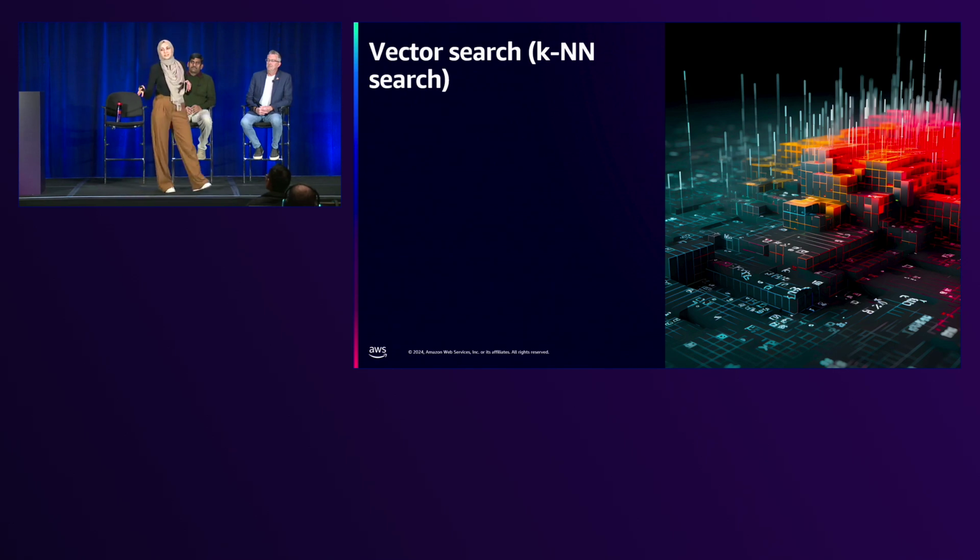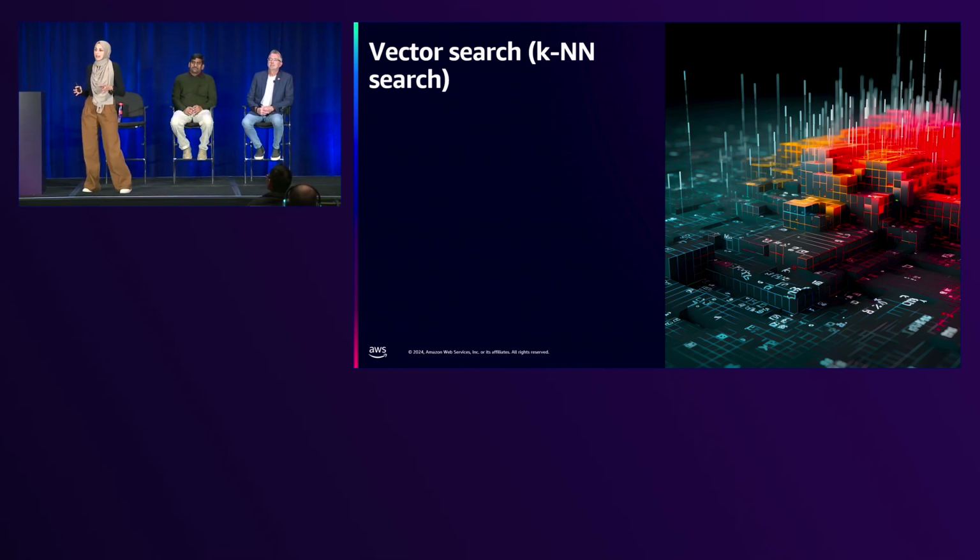At the core of vector search, there's the concept of representing data in high-dimensional numeric vectors. In this vector space, data with similar characteristics, whether text or images or audio, are represented close to each other.